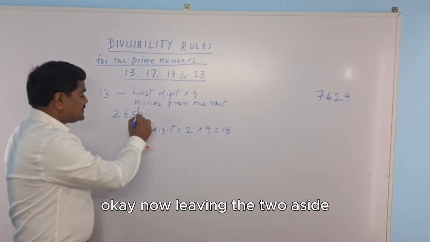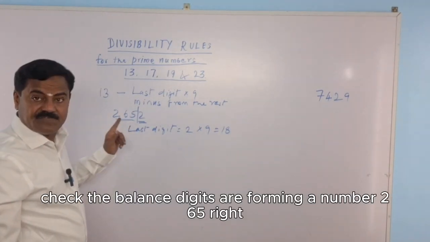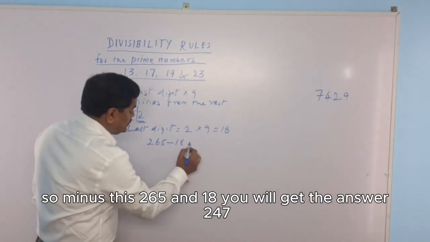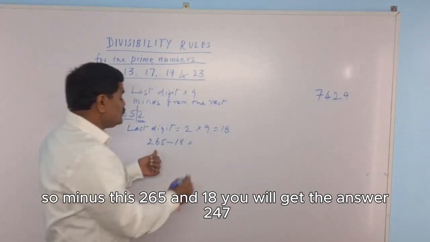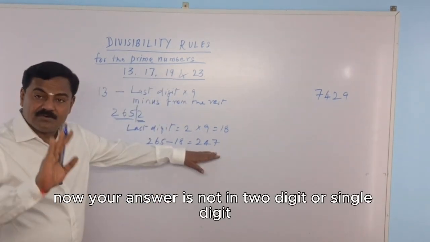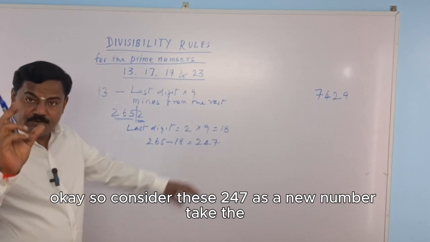Now leaving the 2 aside, the balance digits form the number 265. So 265 minus 18 gives the answer 247. Now your answer is not in two digits or a single digit, so consider 247 as a new number.